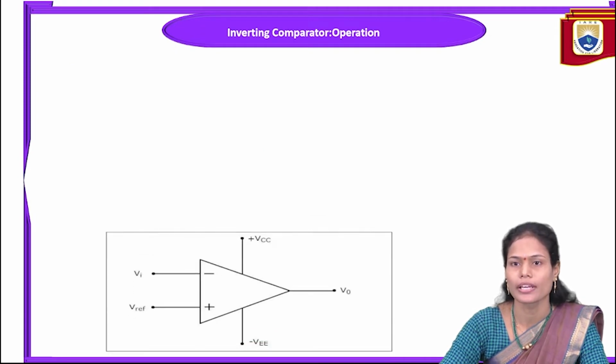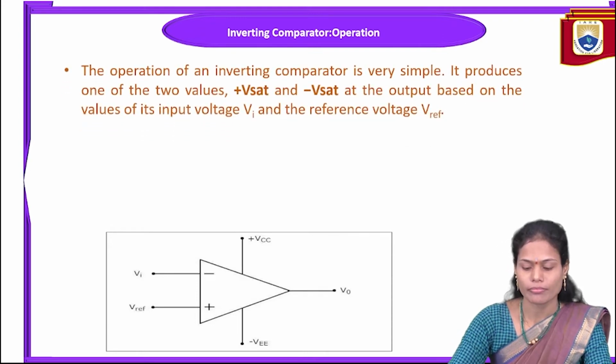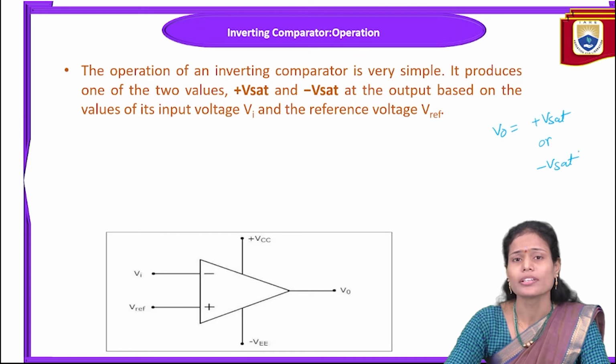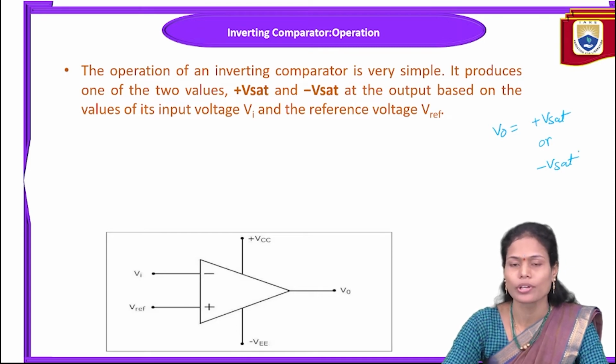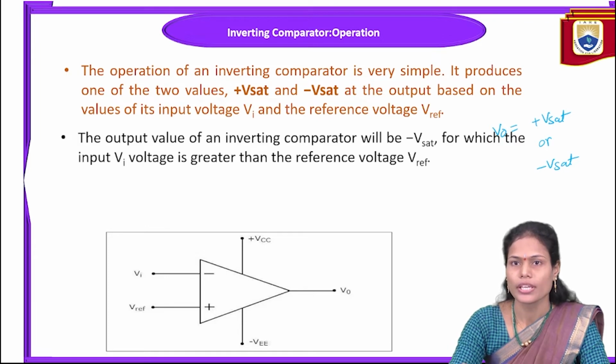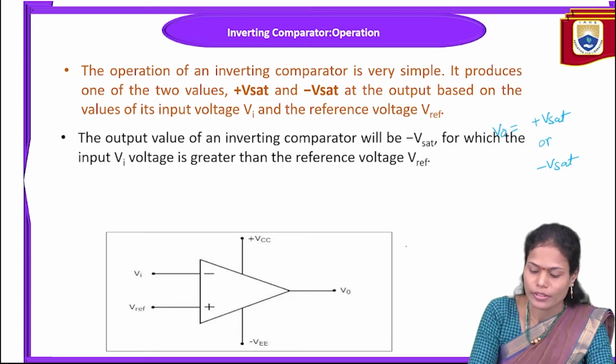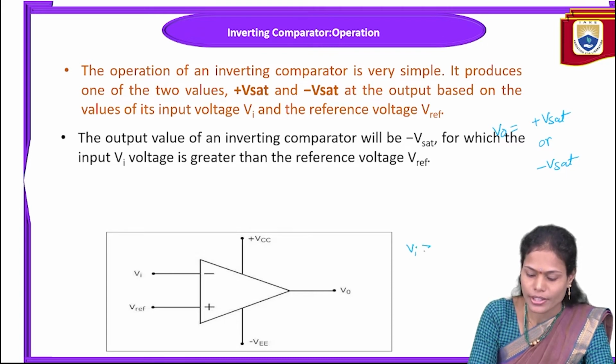For that purpose, again I am considering the same circuit here. In this case, we may get the output voltage as either plus V saturation or minus V saturation. That depends upon the input voltage as well as the reference voltage. Suppose my input voltage Vi applied is greater than the reference voltage.